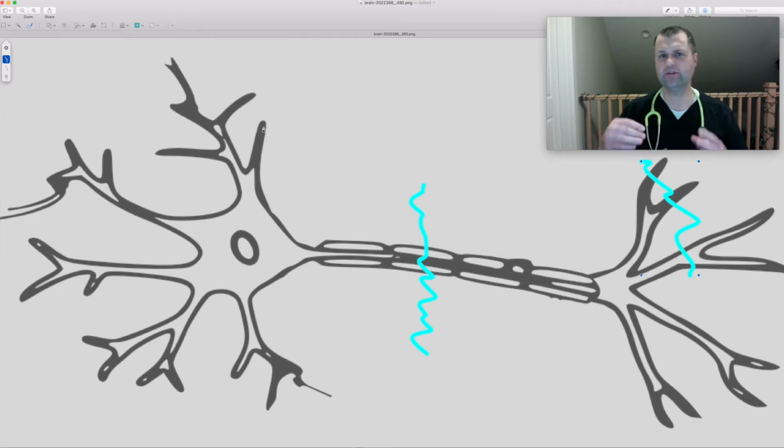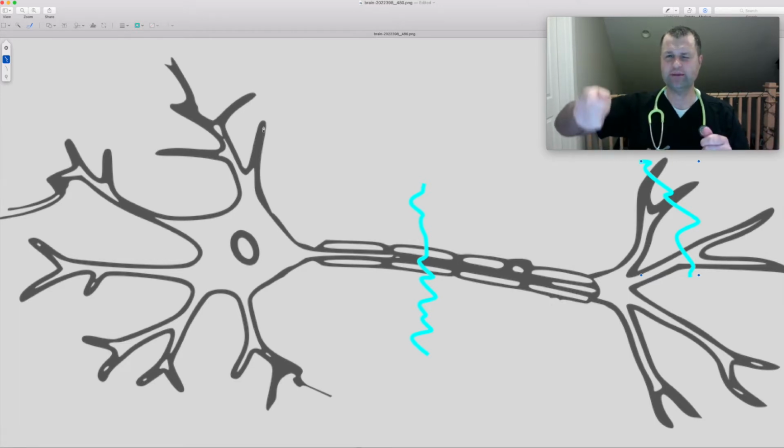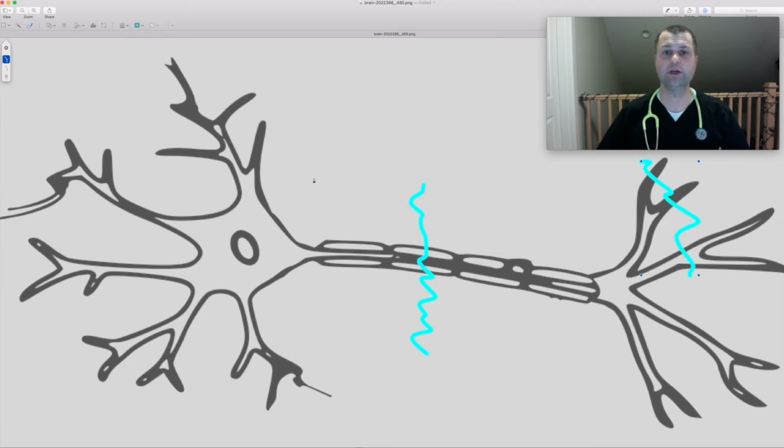So they get frayed. Much like if you have a phone charger that you've had for a while and it gets bent, and you plug it in, but you can't get your phone to charge. You have to wiggle it a little bit, and then it starts charging. So it breaks it, so it's not as effective, or it breaks altogether. And so instead of the signal going from here to there, it has to go up to this neuron, to this neuron, to this neuron, down to this neuron. So it takes longer, and that can cause a lot of the symptoms of the concussion.